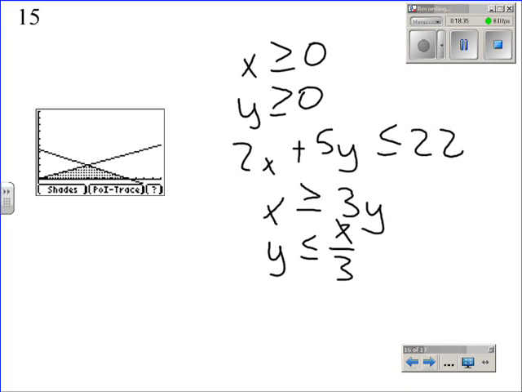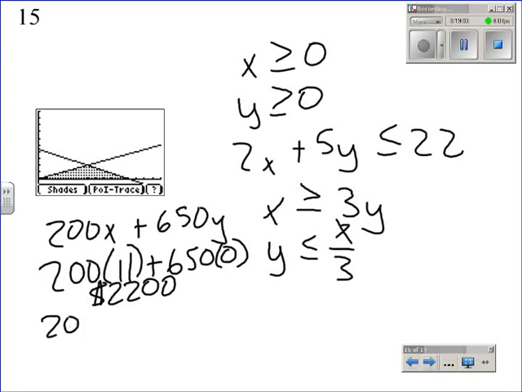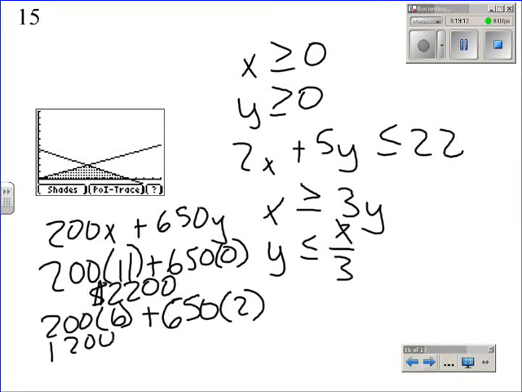Using the optimization function of 200x plus 650y, producing 11 bridesmaid dresses and no gowns would give her a total of $2,200, while producing 6 bridesmaid dresses and 2 gowns would give her $1,200 plus $1,300, or a total of $2,500.